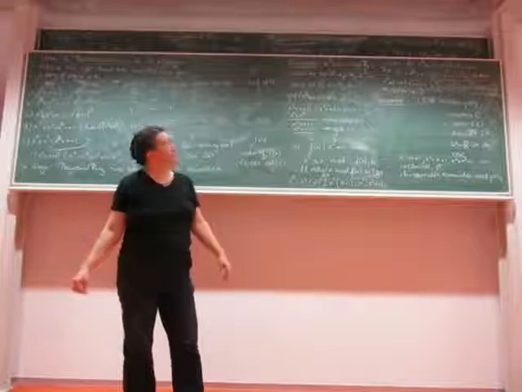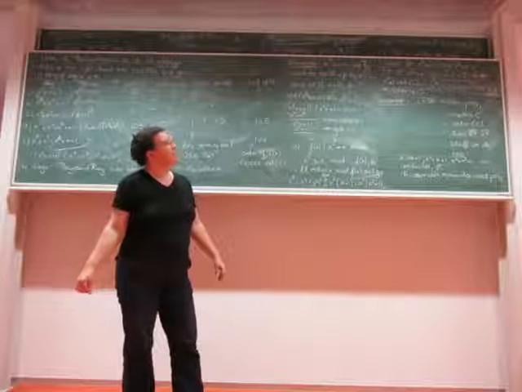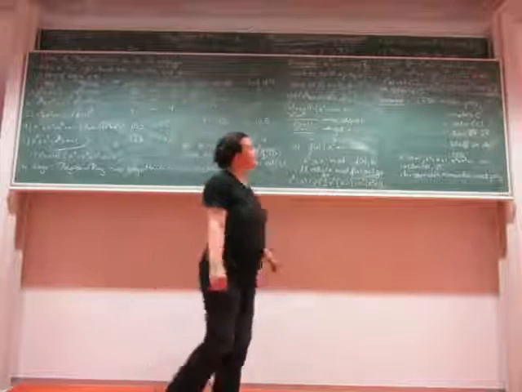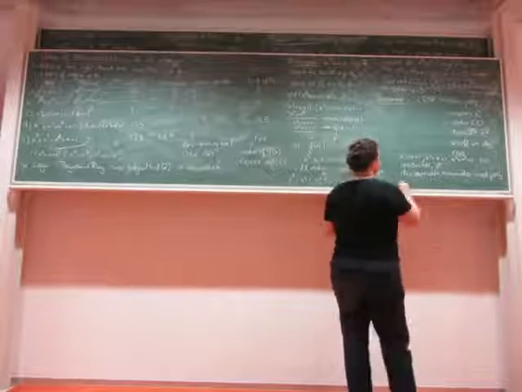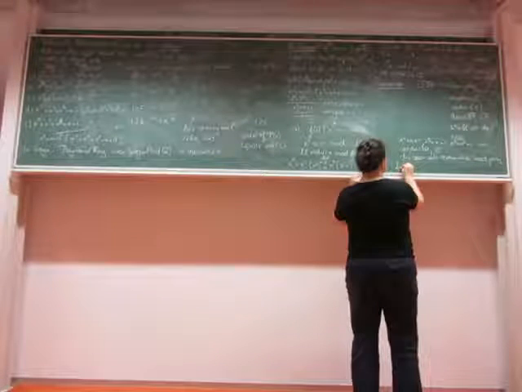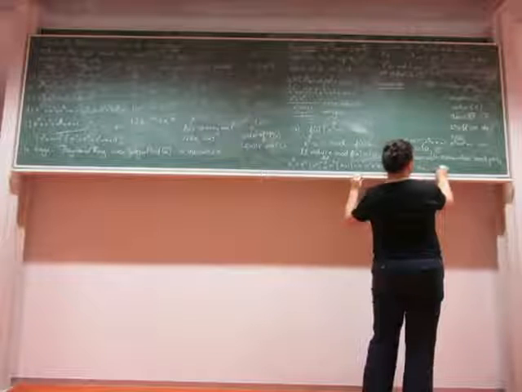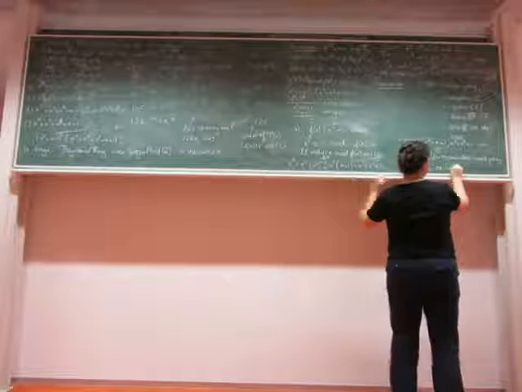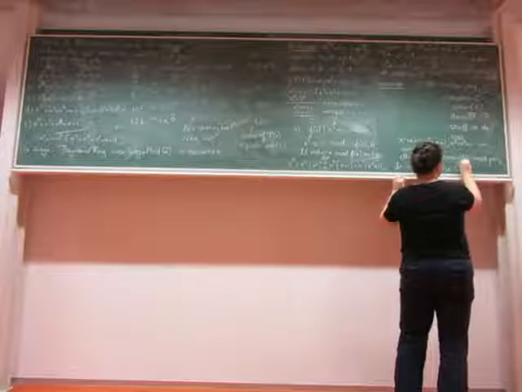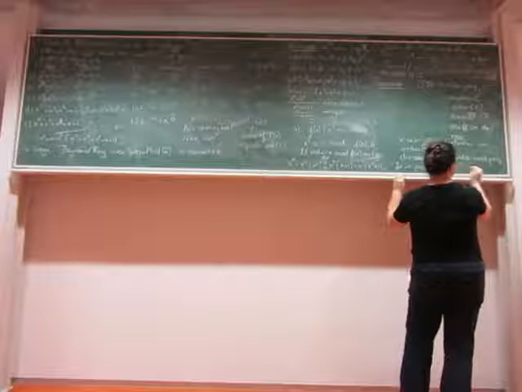And then you should also remember that you only need to test this for irreducible polynomials. Only need to test divisors of q to the n minus 1.